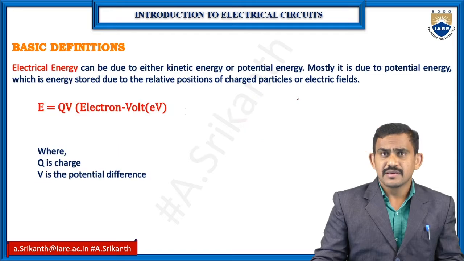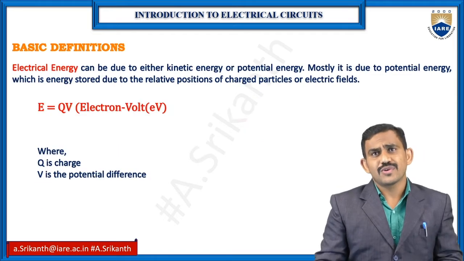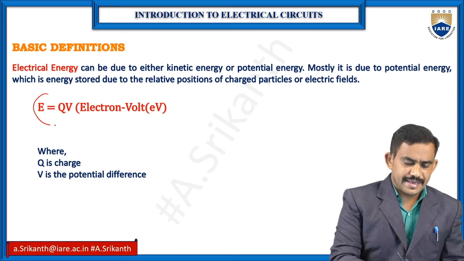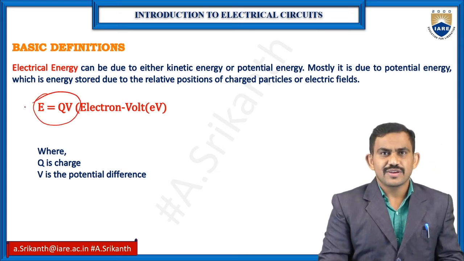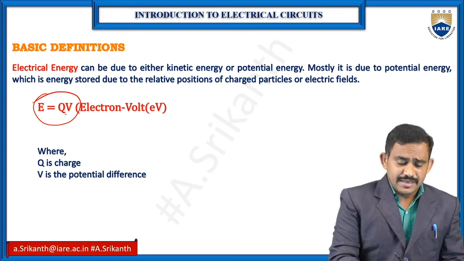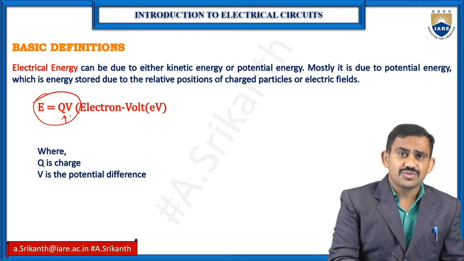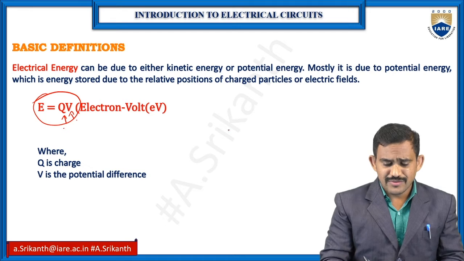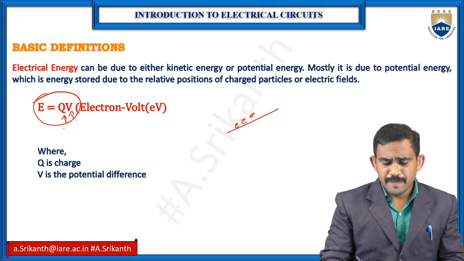Coming to power, before moving to power we have the electrons and electrical energy. Electrical energy is nothing but charge into volts, where we have the potential difference. In a conductor we have the electrons.